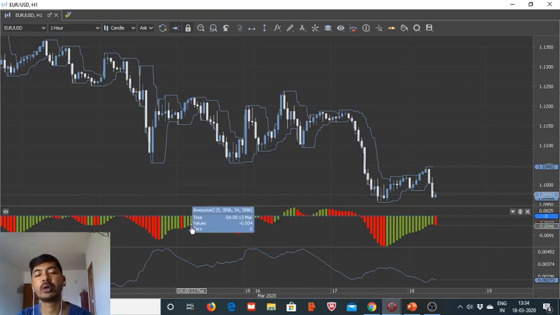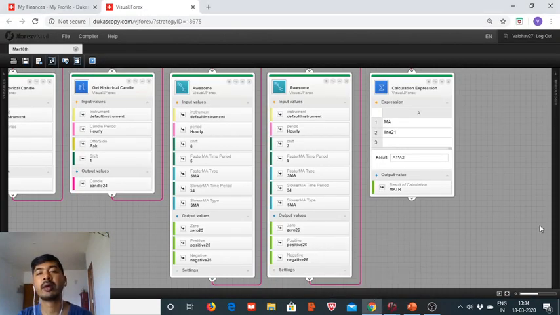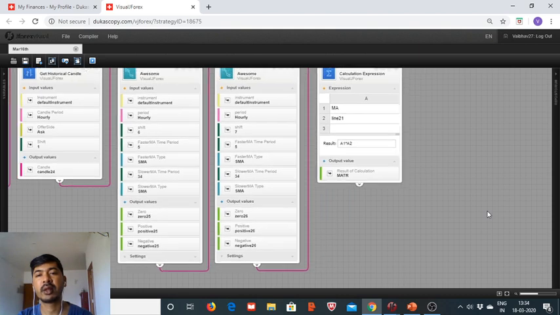So just to make sure that is the case, we will be utilizing these awesome indicator 6 and 7 blocks.